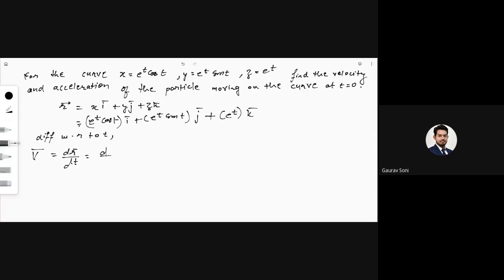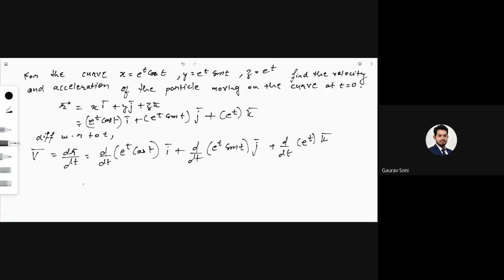So d by dt of e to the power t cos t i plus d by dt of e to the power t sin t j plus d by dt of e to the power t k.